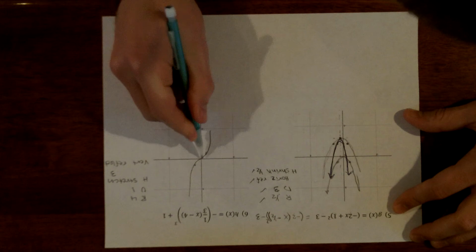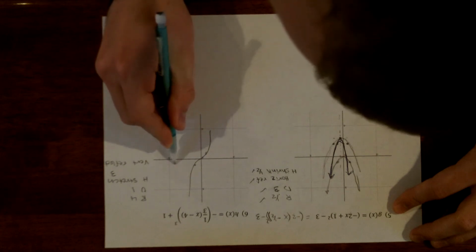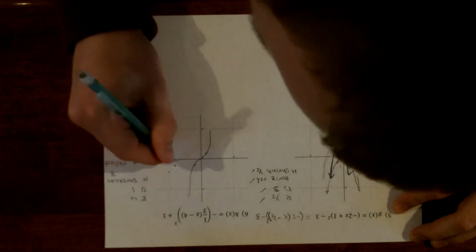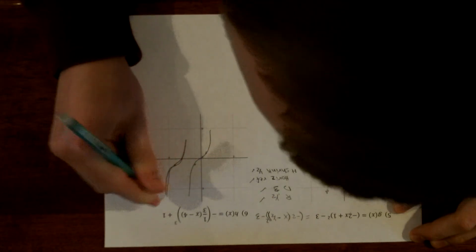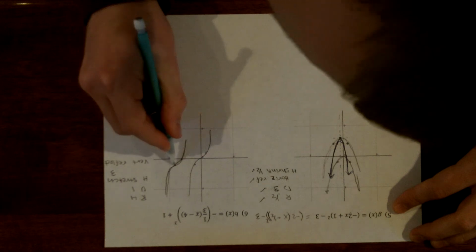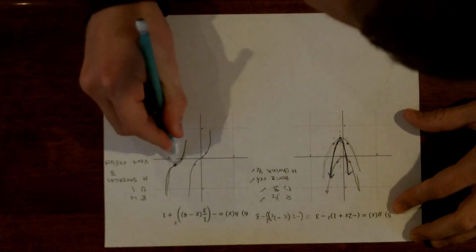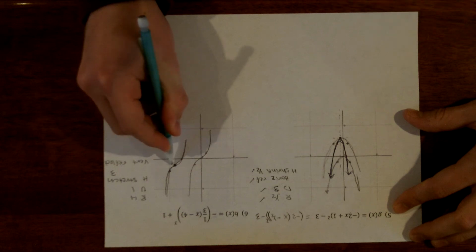All right, draw on your original graph if you like doing that, like I do. Then we want to move that key point, so we're going to go right 4, 1, 2, 3, 4, and up 1. Redraw that if you like to do so. All right, we want to stretch it horizontally by 3. So if this point is our key point, to get to the next point that we actually plotted was over 1, up 1.